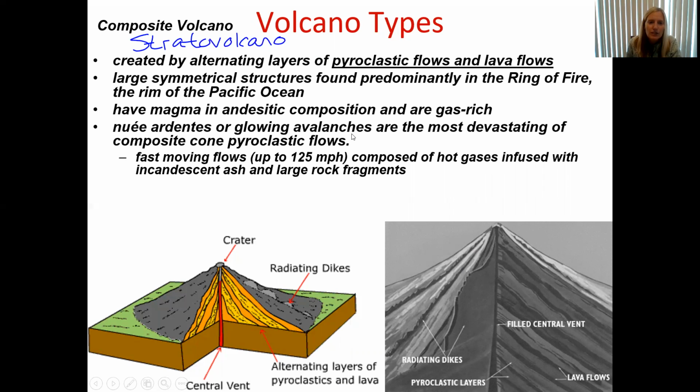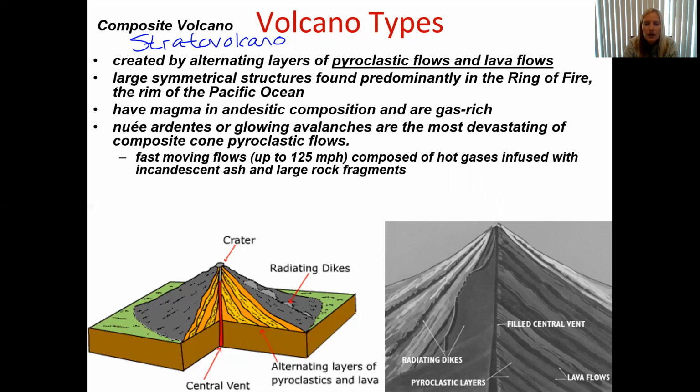So with composite volcanoes, we have these new problems that we didn't necessarily have with our other volcanoes. They're both problems that occur with what's actually coming down the side of the volcano, and it doesn't have anything to do with lava like we may stereotypically think of when we think of volcanoes. So the first one is called the Nuée Ardente, and that is a fancy way of saying glowing avalanche.